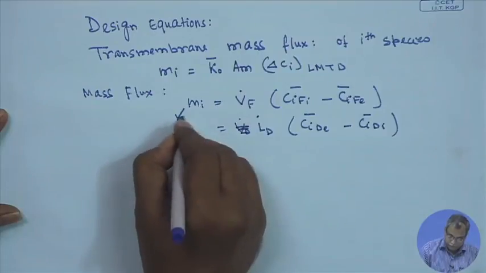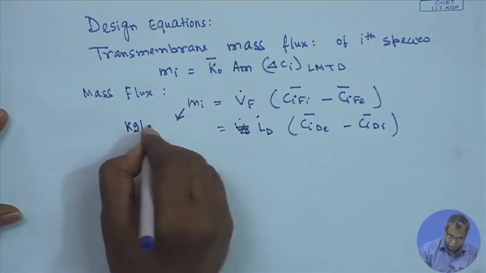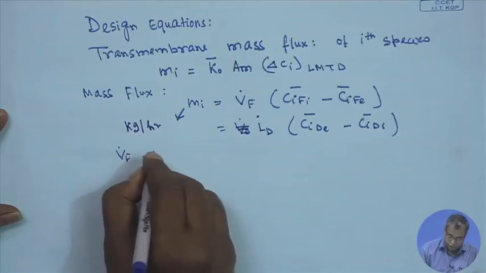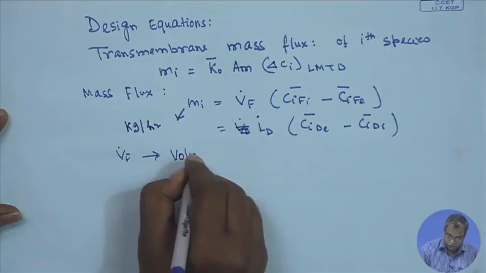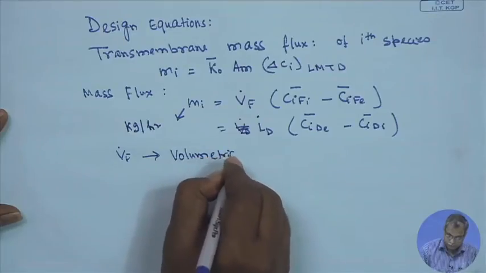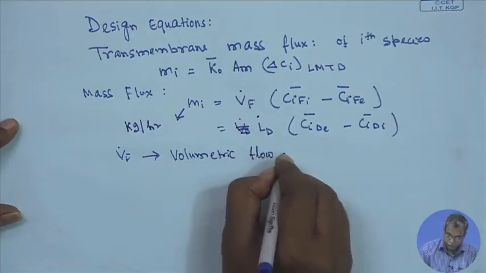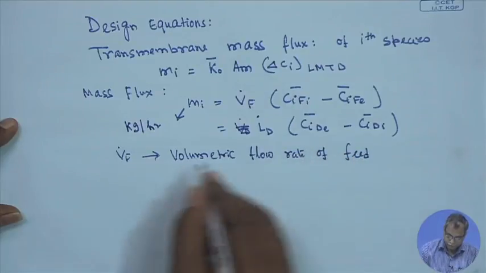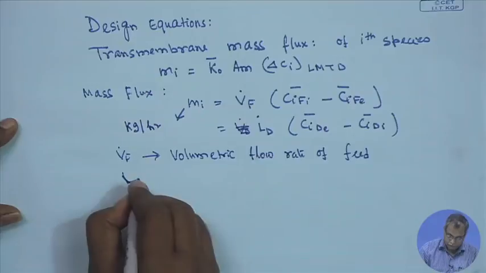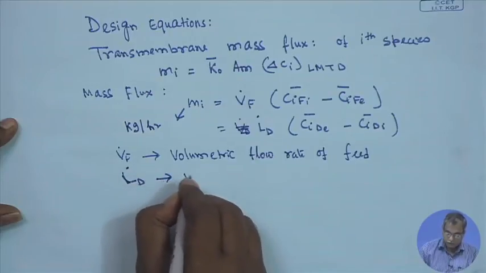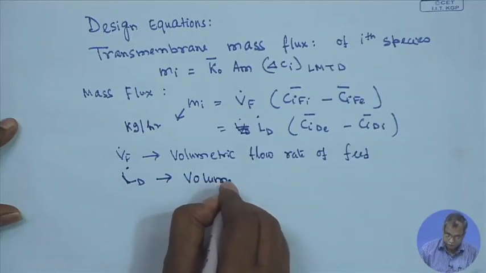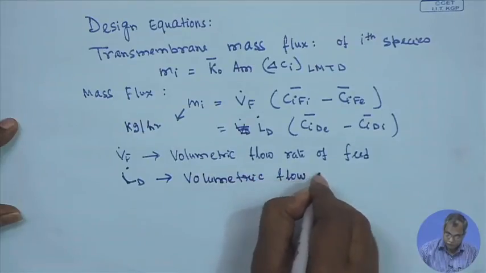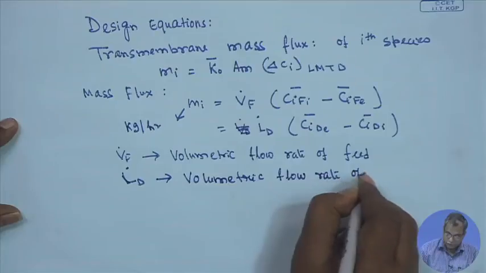So, this is basically the mass flux, kg per unit time, hour or minute. V_f dot is the volumetric flow rate of feed. L_d dot is the volumetric flow rate of dialysate.